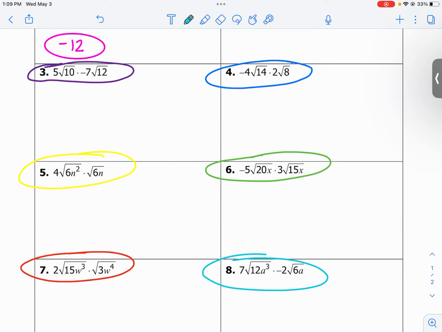Okay, you guys really should do number 8. Is this right? So you need the W in there. 45 is not a perfect square, but it's divisible by a perfect square.